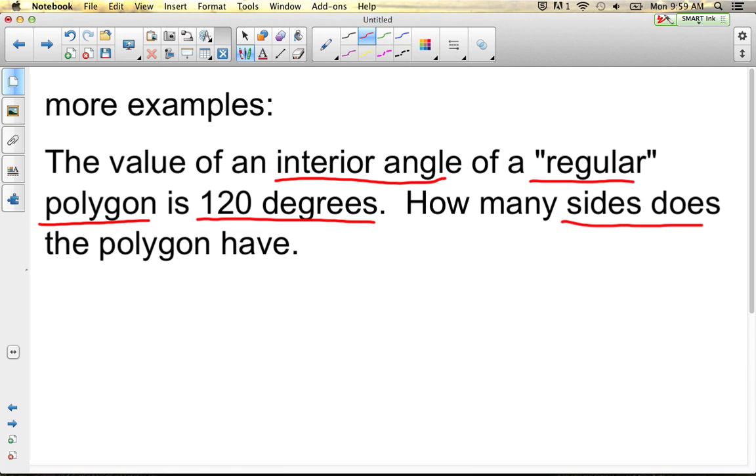They are already telling me what the inside angle is. I still need to use my formula. N minus 2 times 180 divided by n. The reason why I'm writing this down is because they're telling me they want an interior angle, the polygon's regular, so I know I have to use this formula.